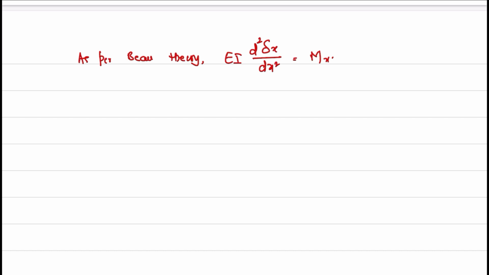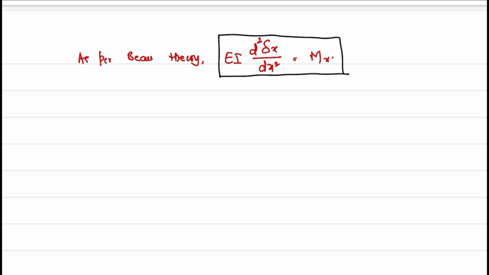On this also there can be an MCQ. They can ask which of the following is true?